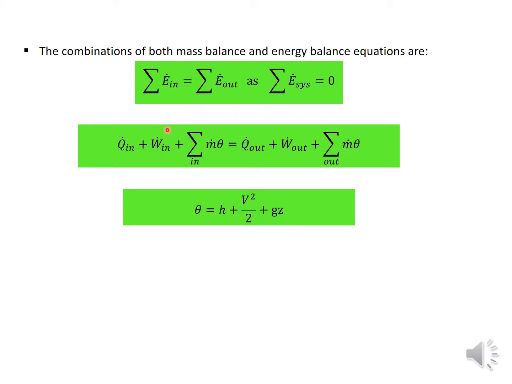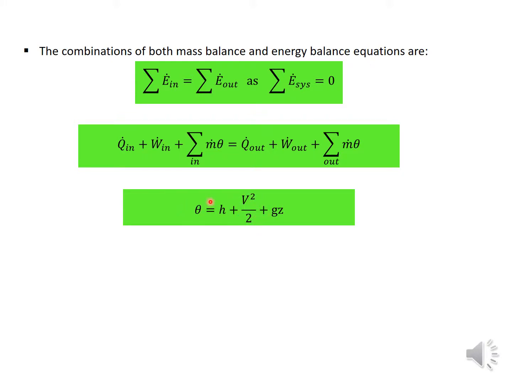Then W dot in and W dot out will be cancelled out because the work is approximately equal to 0. And then theta equals h plus V square over 2 plus gz. Okay, gz is the potential energy and V square over 2 is the kinetic energy.